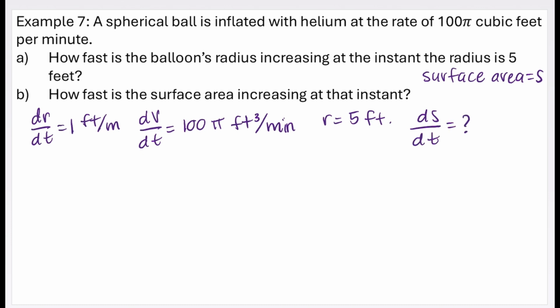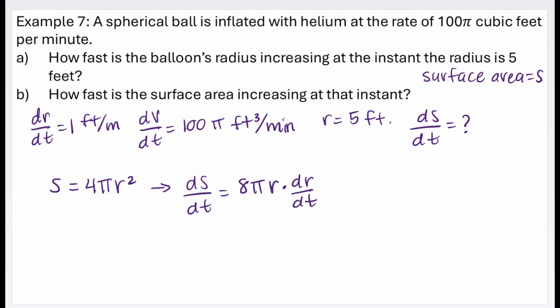Now, this means you're going to have to go to the surface area formula for a sphere. So the surface area of a sphere is 4 pi r squared. Again, I'm just going to call it S instead of SA. So surface area is 4 pi r squared. So I'm going to go ahead and find the derivative now. So ds over dt equals 8 pi r times dr over dt. And now I know everything I need to fill this in and figure out ds over dt.